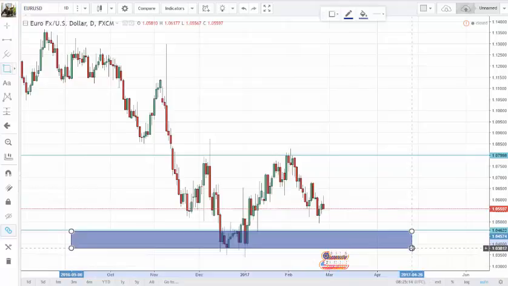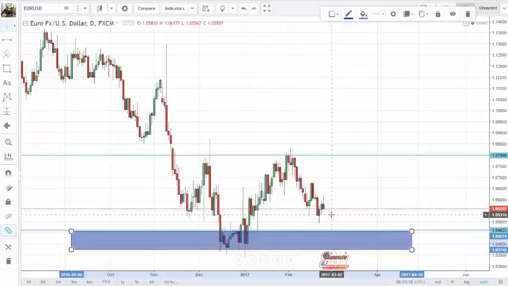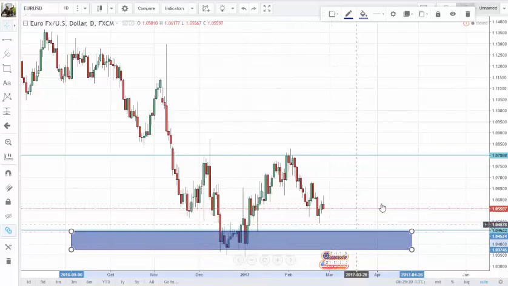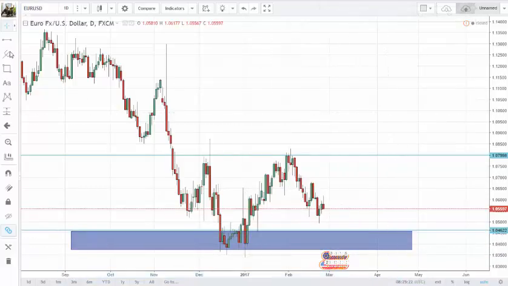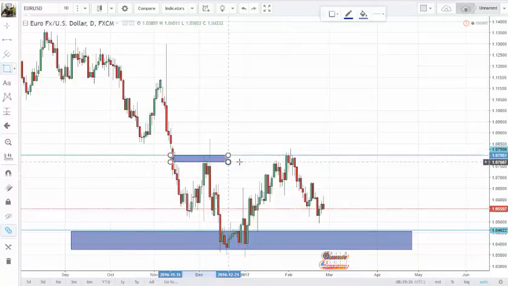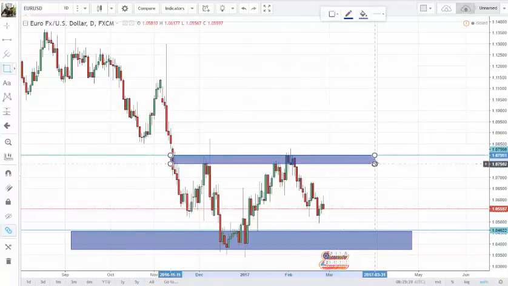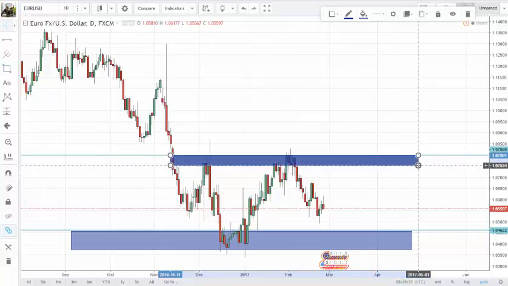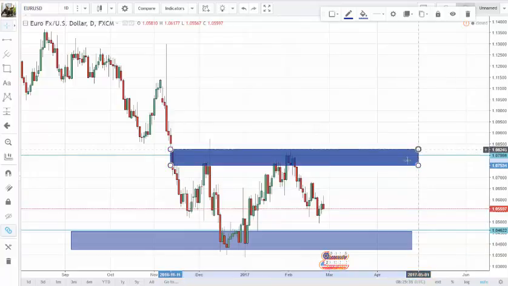It's never just that when it touches the line you gotta go long or you gotta go short. It's always, to me, a zone, as you can see over here as well. It's this zone where price was struggling, and maybe even this, maybe a little bit higher.